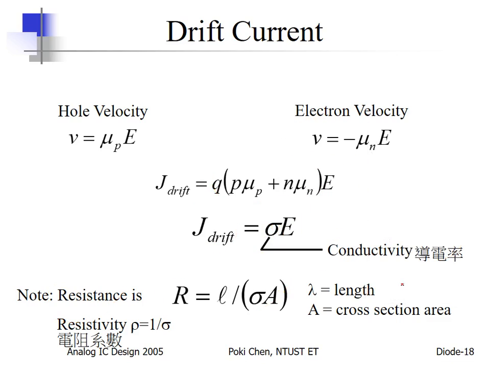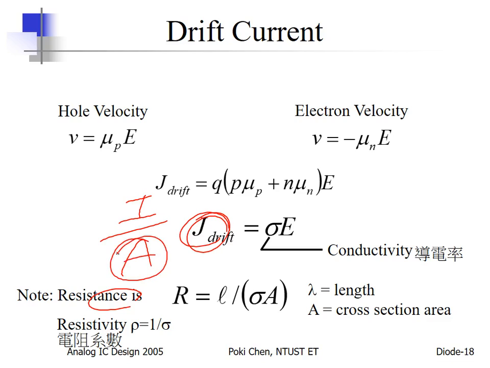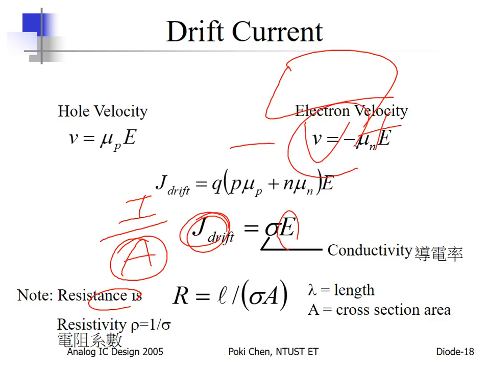Very easy, okay? Current density means what? The total current divided by the cross-sectional area. That is the definition of current density. And what is E? You apply a voltage, and this is the length. Voltage divided by length becomes the electrical field.